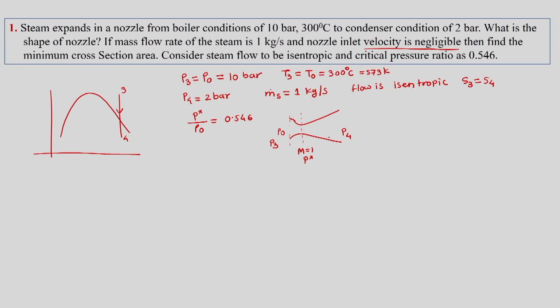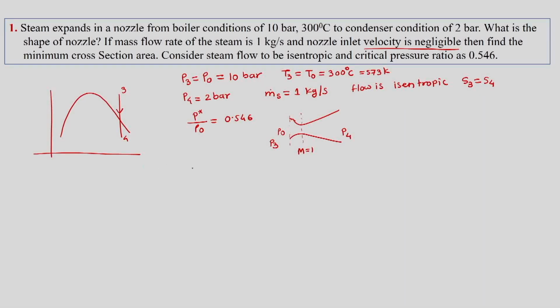If P star is more than P4, then we will have expansion as a convergent divergent nozzle. We have seen that the choking condition leads to a particular pressure at the exit. If pressure is below that, then the flow is in a CD nozzle.